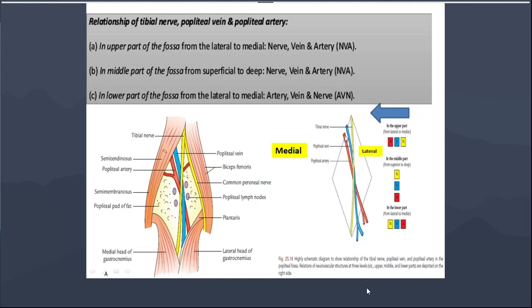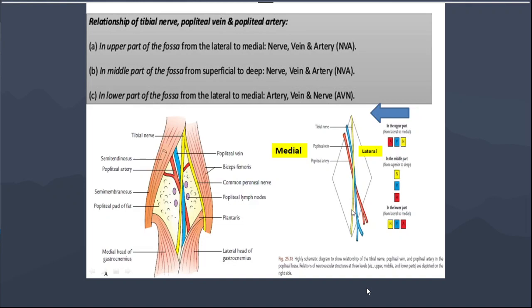If you see the middle part of the popliteal fossa, you can see the nerve most superficial, then below this is the vein, then below this is the artery. So the most deeply present is the popliteal artery in the middle part.